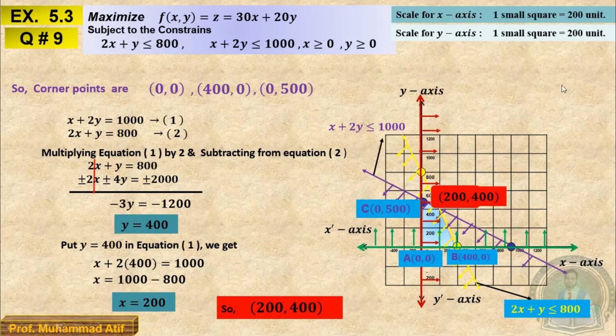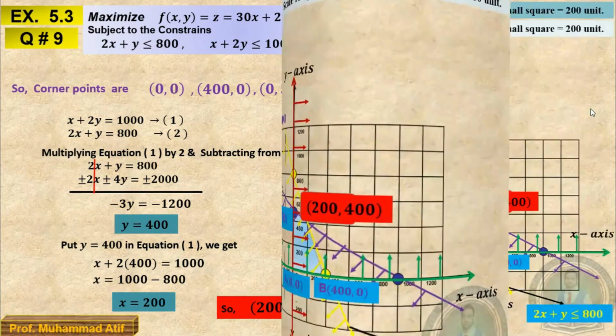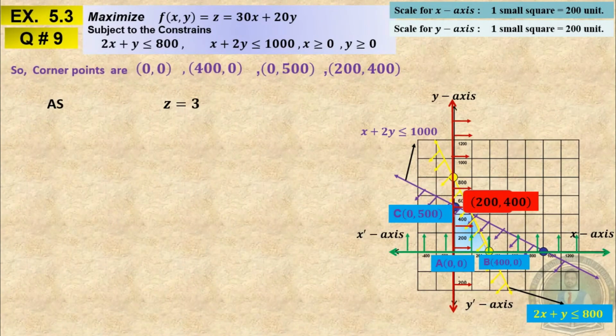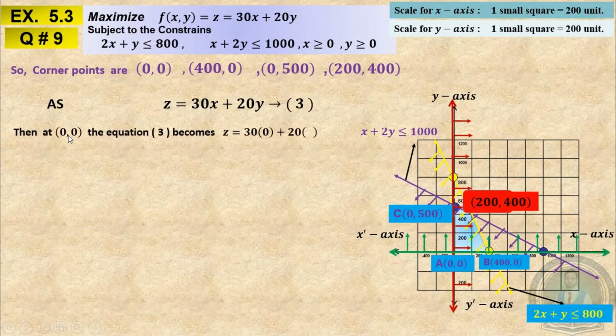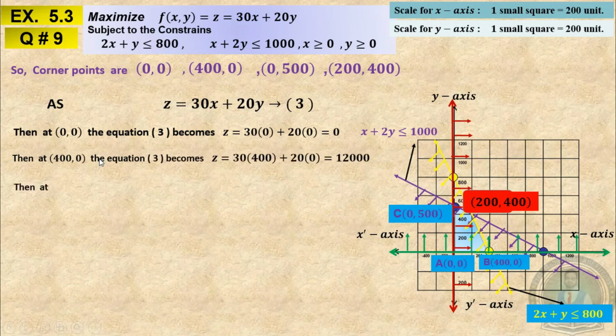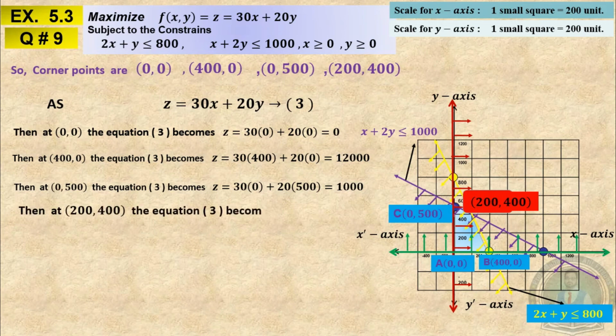And the third step is just to put all these corner points into the objective function. So this is your objective function. Put your first point in equation 3, you have z equal to 0. Put second point in equation 3, you have z equal to 12,000. Put third point in equation 3, you have 10,000. And put your last point in this equation, you have what?